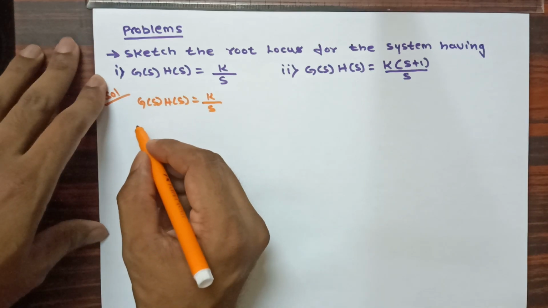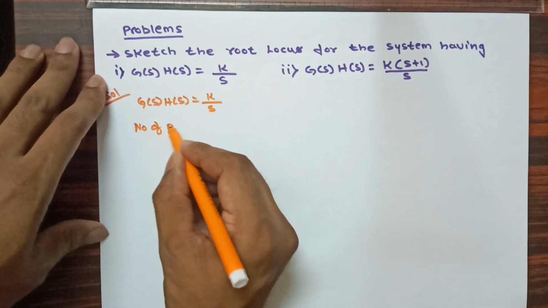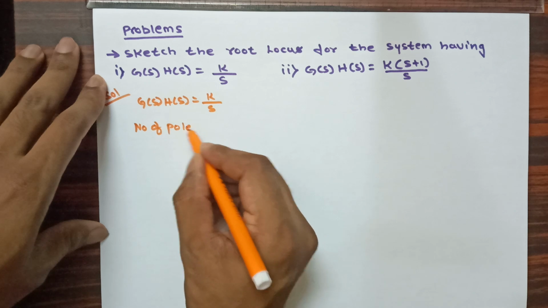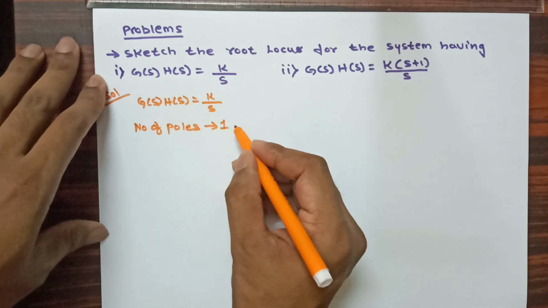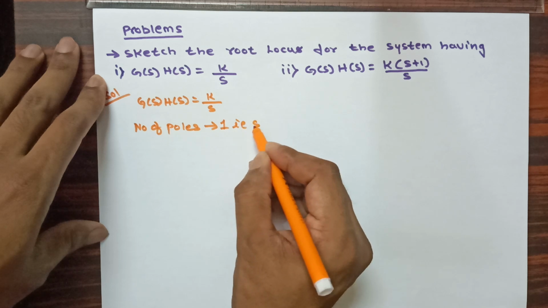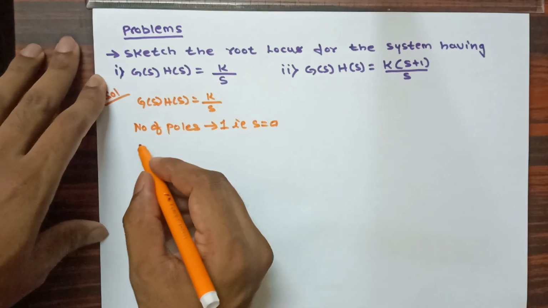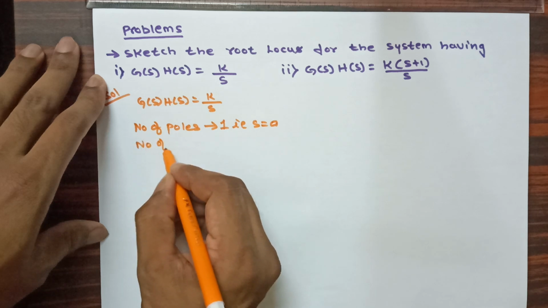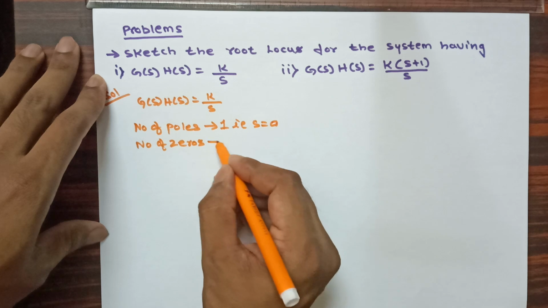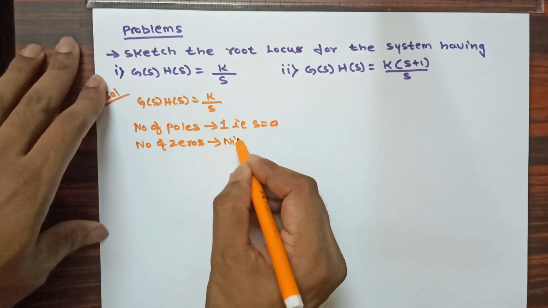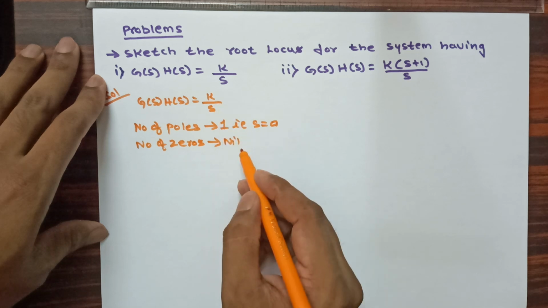So we can write the number of poles is 1, that is s is equal to 0, and the number of zeros is nil. He has not given any zero in the numerator.